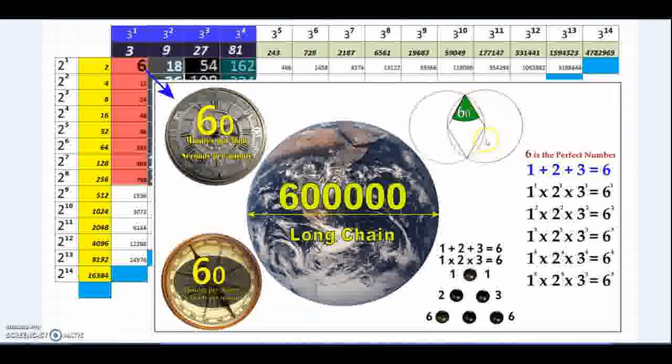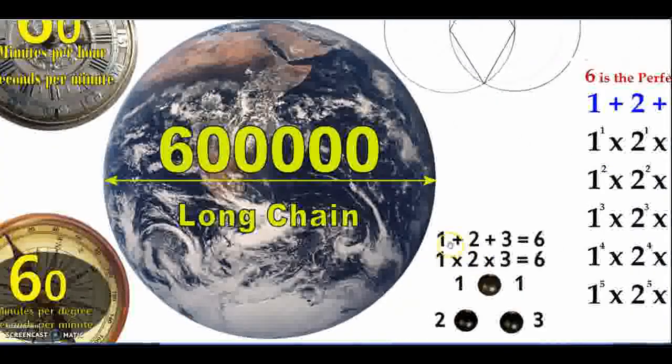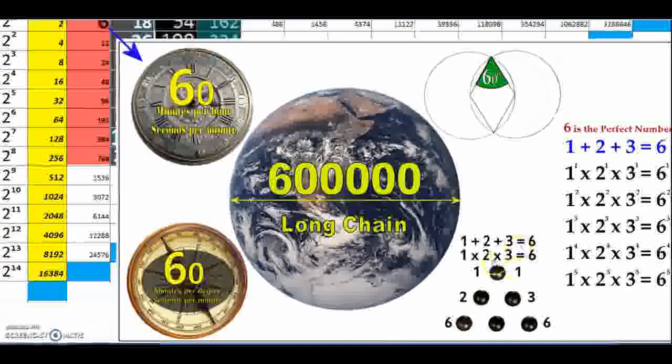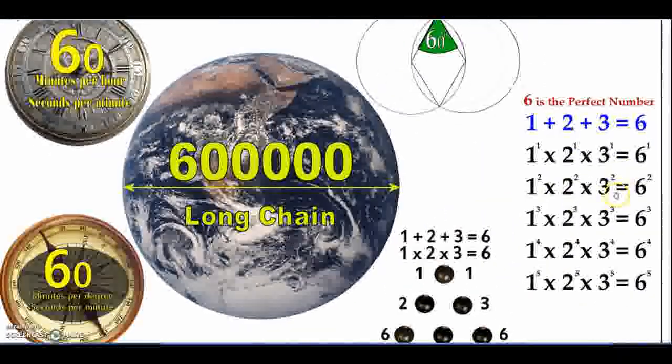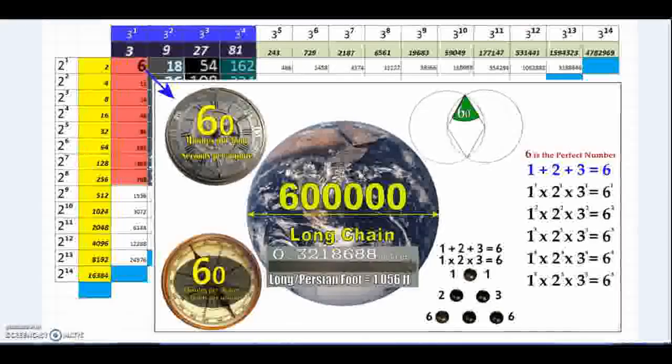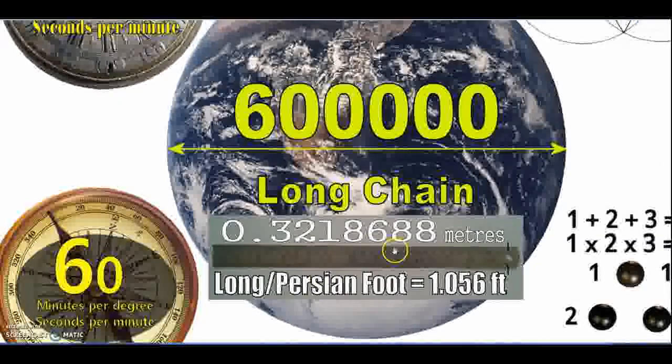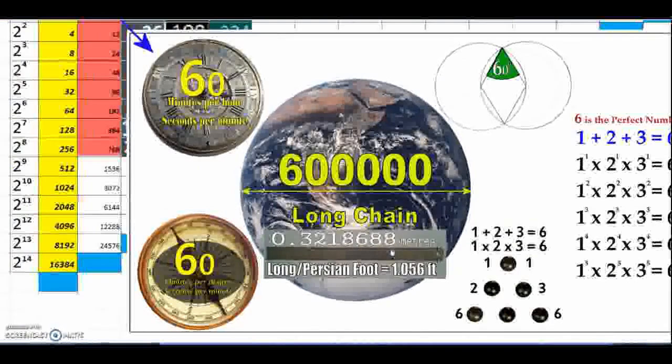The vesica itself with 60, but 6 is the most perfect of perfect numbers, and it's the only number which has this property: 1 plus 2 plus 3 equals 6, 1 times 2 times 3 equals 6, and it also carries across dimensions. This beauty connected to the number 6 goes through the infinite dimensions. So the long foot being so important also goes a lot to explain 33 feet, but we'll get into that in future.